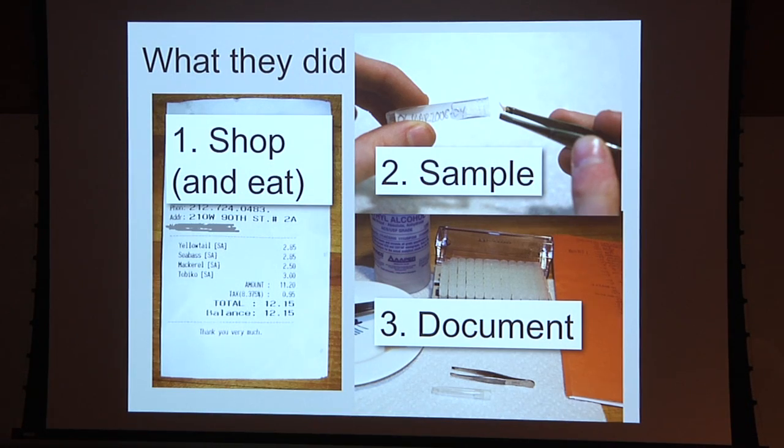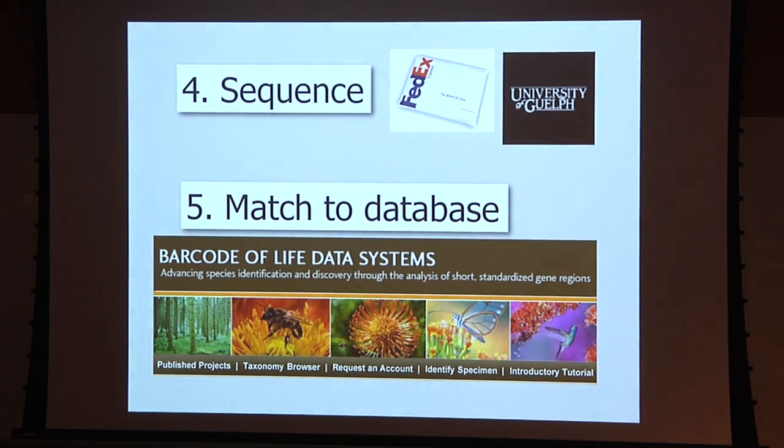So what did they do? First, they went shopping, and they bought different kinds of sushi and fish products from stores in our neighborhood. I helped them take little samples, a little bit of fish from one of the pieces of sushi, put them in a mailing kit, make sure that we document everything so we know what samples are which, and then send them off for sequencing, and then get the results back by email.